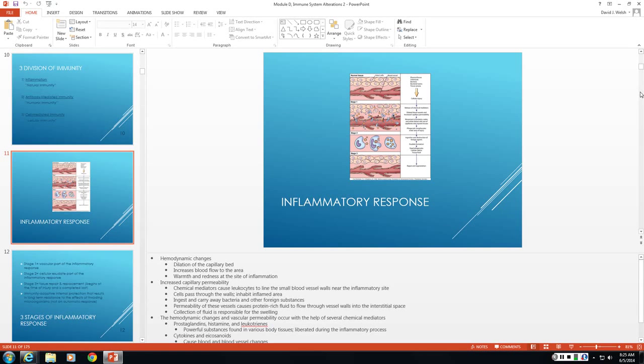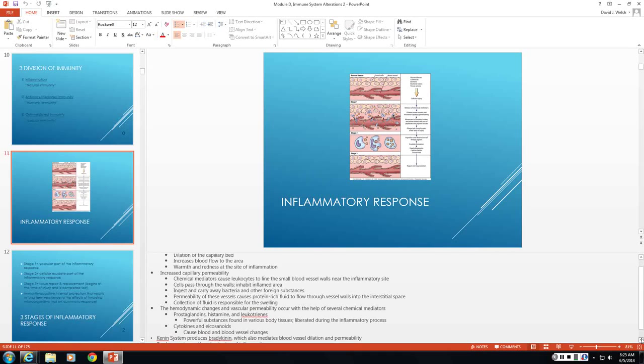Now, the permeability of these vessels causes protein-rich fluid to flow through the vessel walls into the interstitial spaces. And the collection of fluid is responsible for the swelling in these areas. Now, the hemodynamic changes and the vascular permeability occur with the help of several chemical mediators.